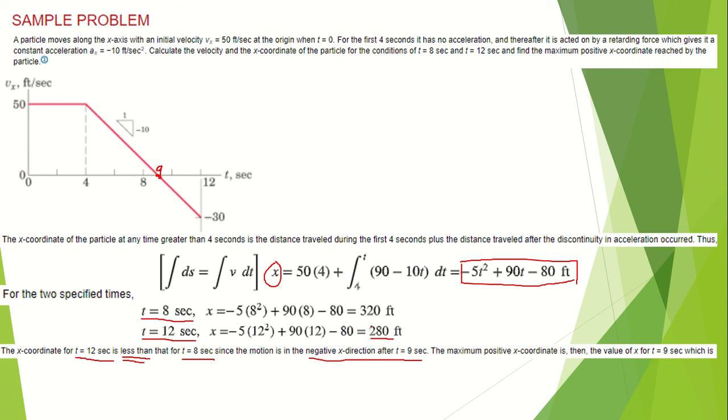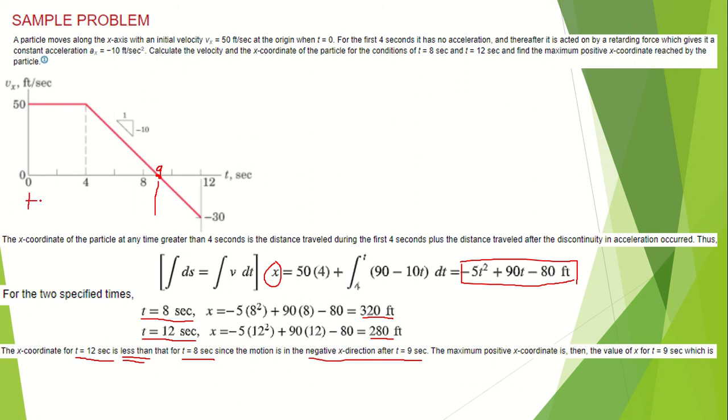The result is still less because this part already goes down, negative. So the maximum positive x coordinate is the value of x for t equal to 9 seconds.